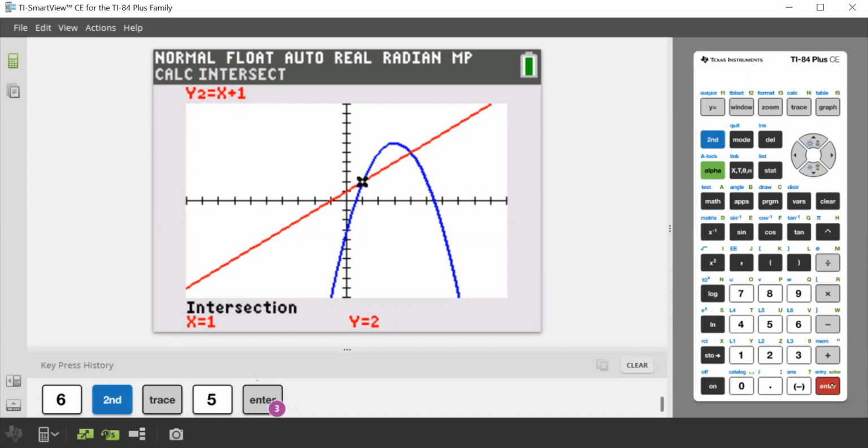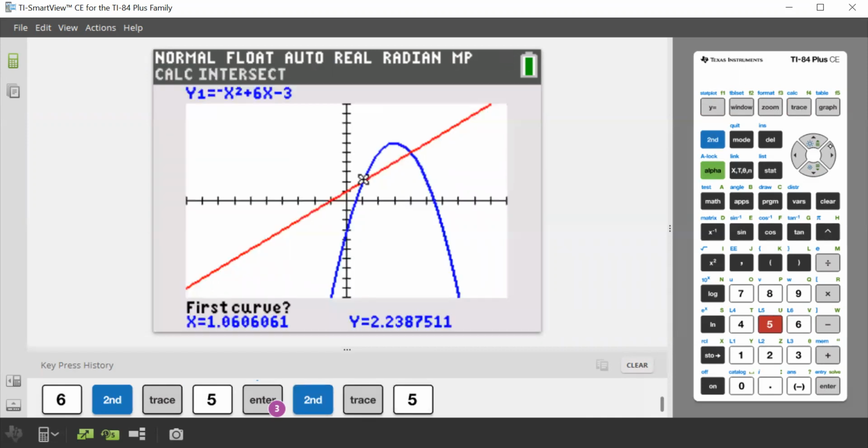So 1, 2, and we do it again. And all we have to do here is move it closer over. It's just a little slow with my emulator. And bang, bang, bang, 4, 5. So there's our two points of intersection: 1, 2 and 4, 5.